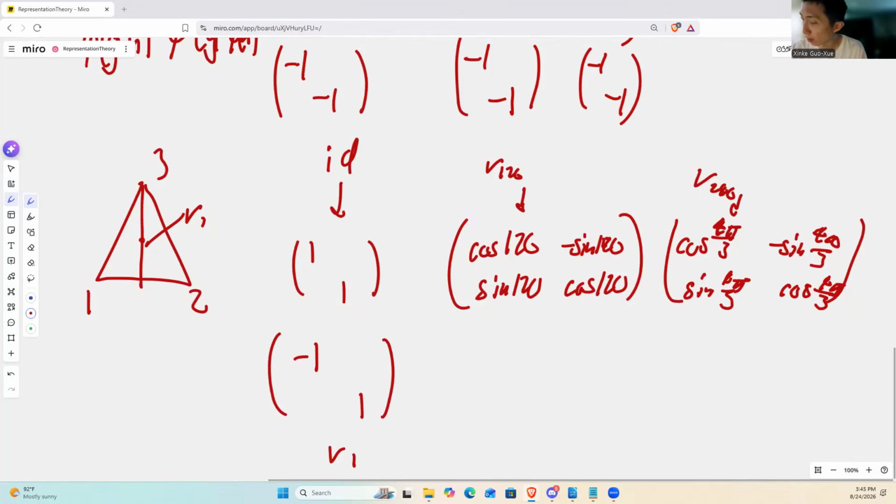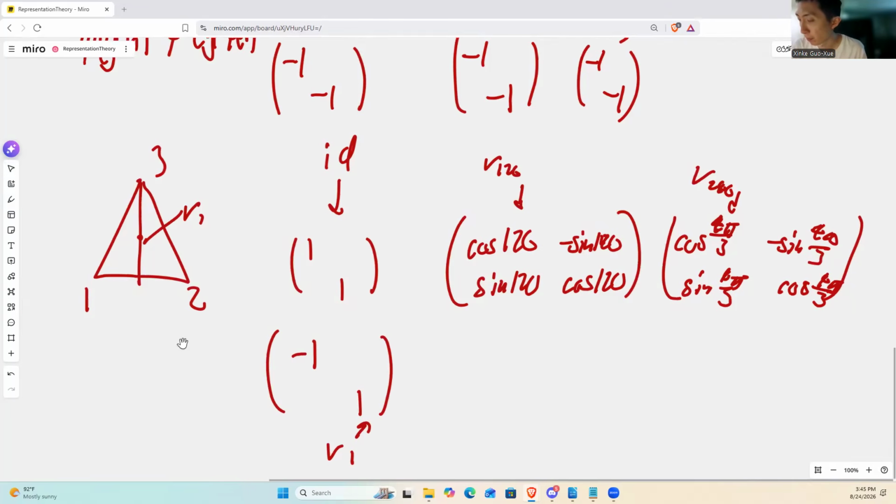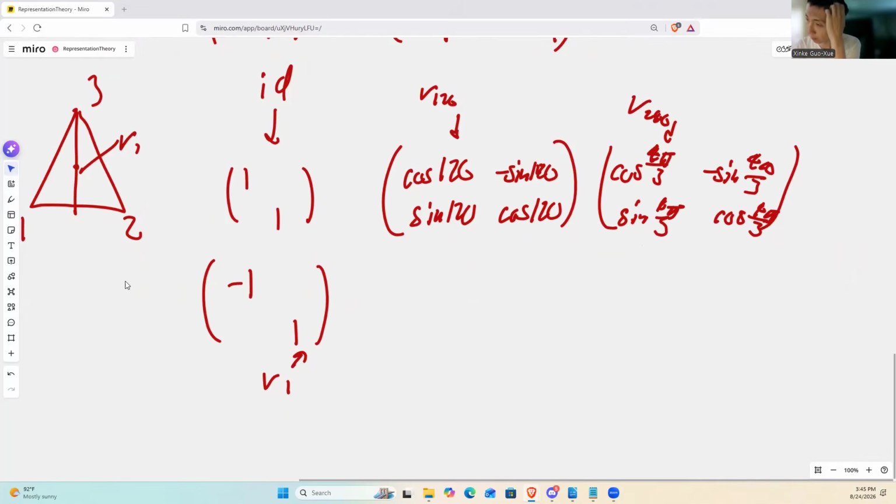This is R1. And then any other group element is a product of some two of these. Like we can generate the whole group with just R120 and R1.